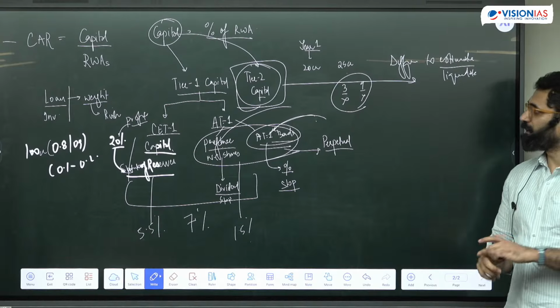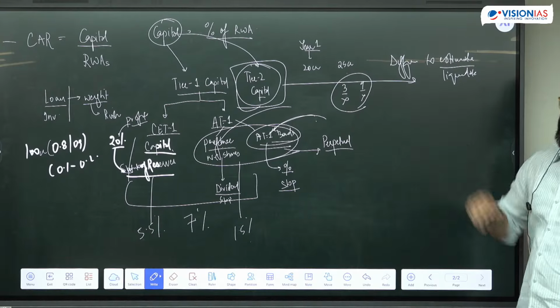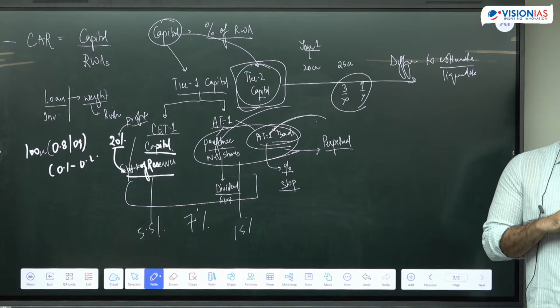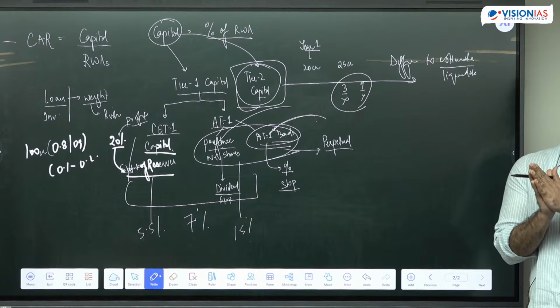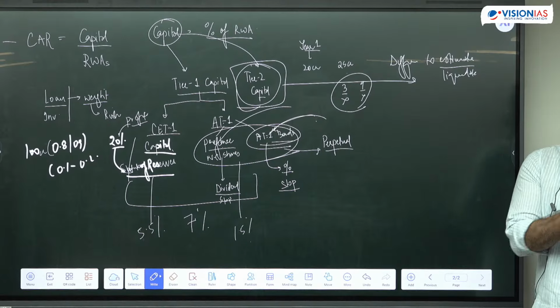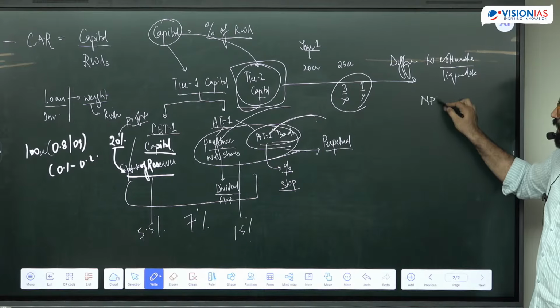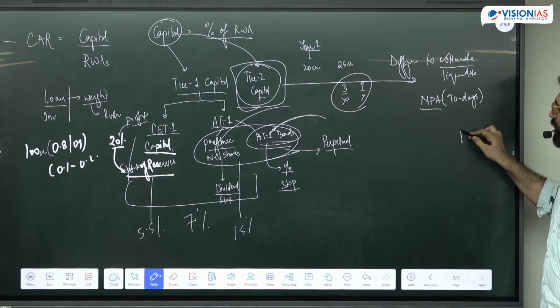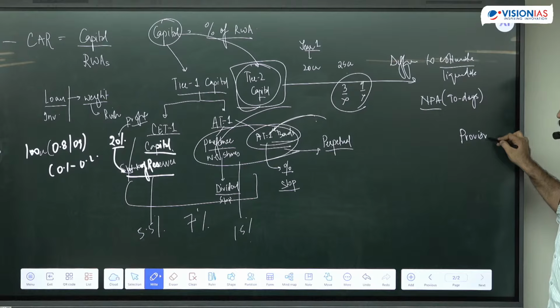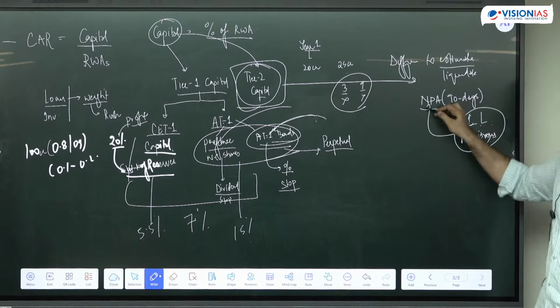What will I include here is the bank, if you know, whenever there is an NPA, bank has to make some provisions in order to cover for the loss. Whenever there is an NPA, post 90 days, bank has to keep certain money apart, which is called as the loan loss provisions to cover for the bad loan.